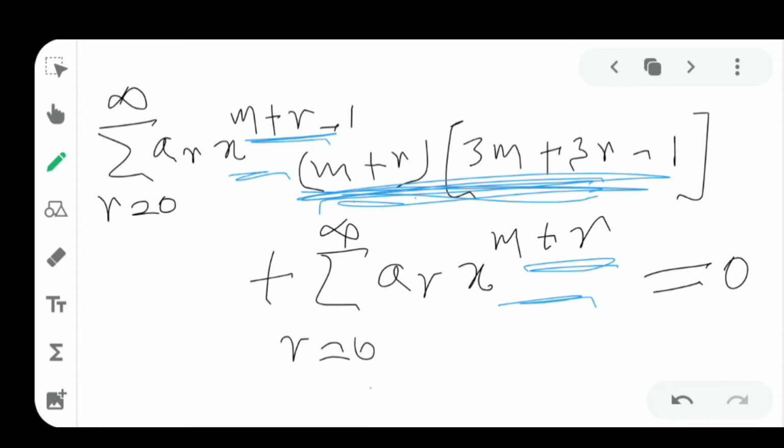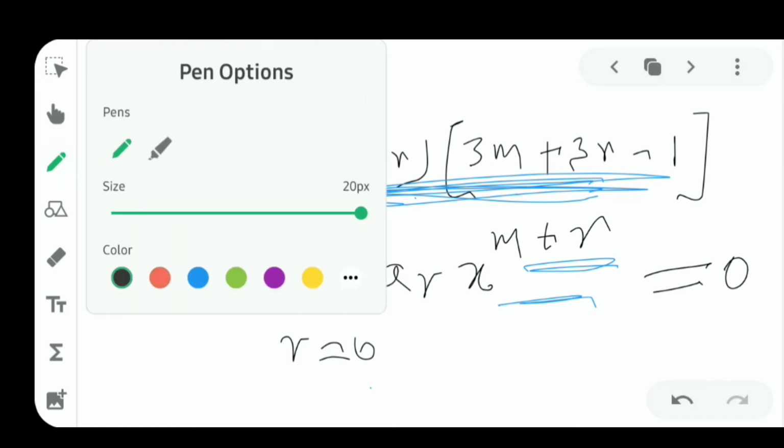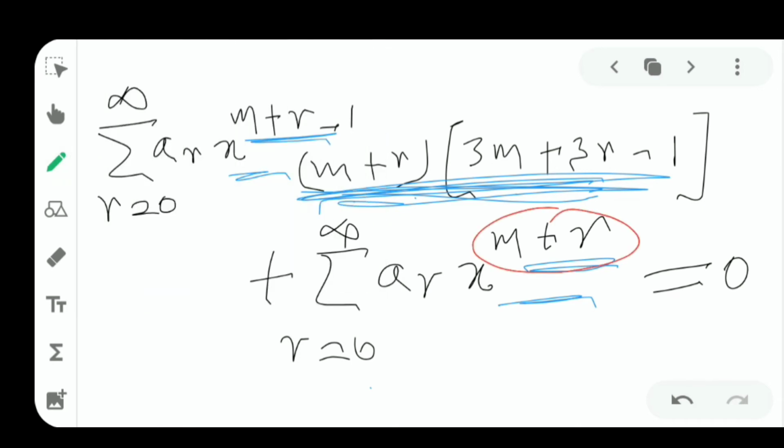Now we have to use the indexing concept. If we want to make this power similar to this power, x to the power m plus r, the main condition is that we have to make m plus r here.